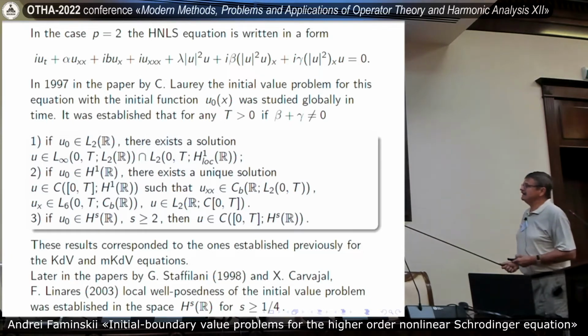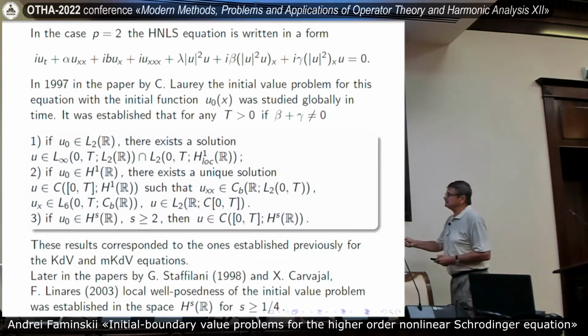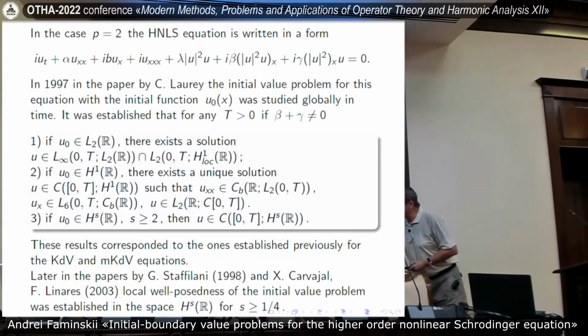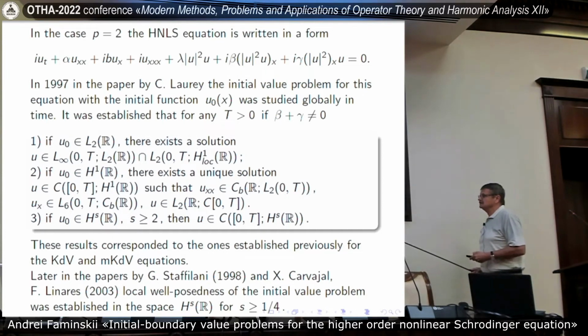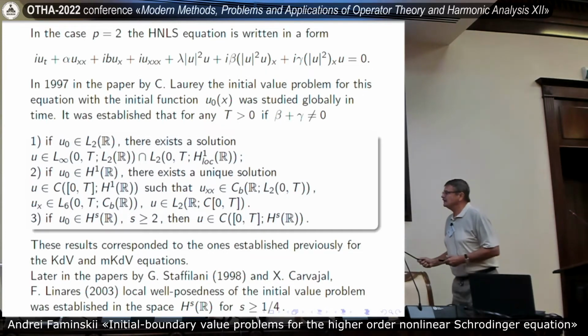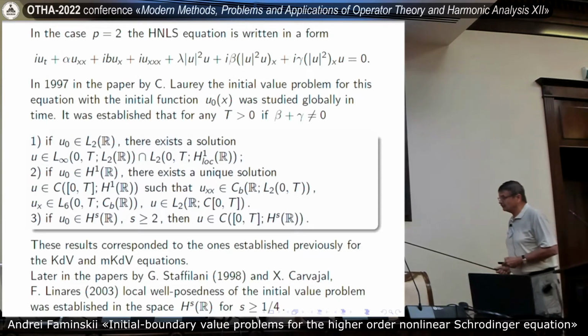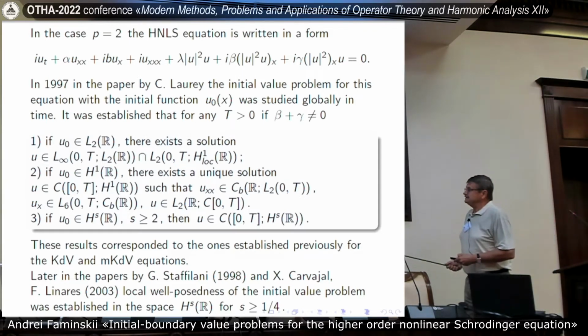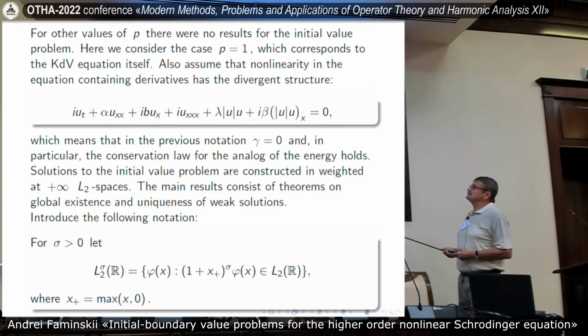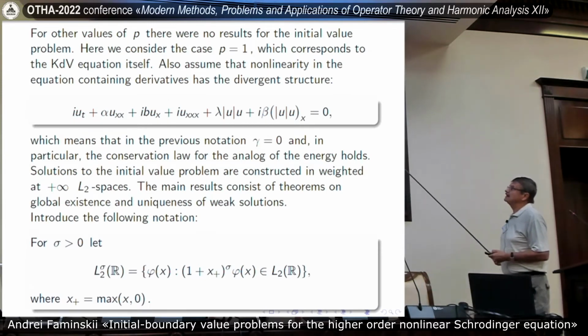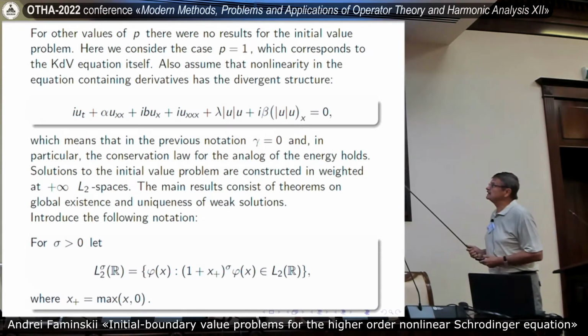Later, in certain papers, local well-posedness results were established in the less regular case, Hs with s not less than 1/4. And that's all. For other values of p, there were no results.